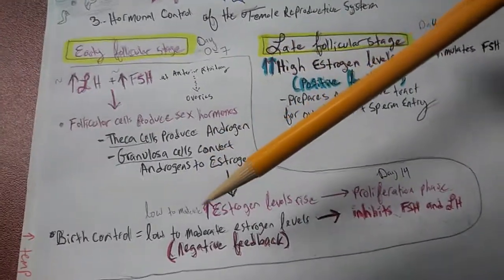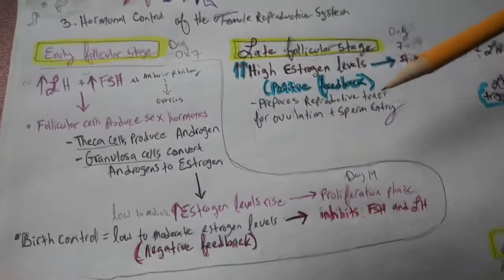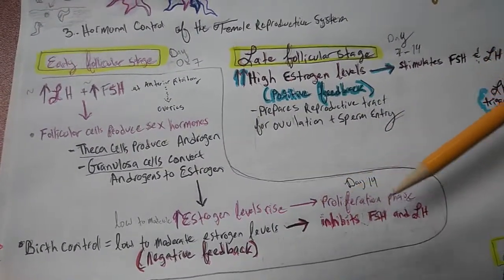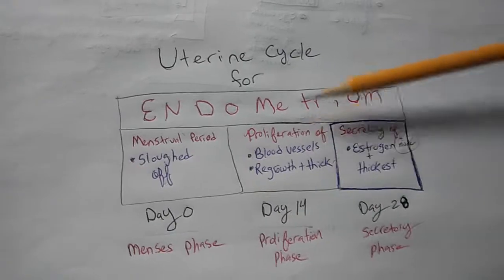So we have low to moderate levels of estrogen that rise. This goes on to be the proliferation phase. Excuse my accent. So this is the uterine cycle.